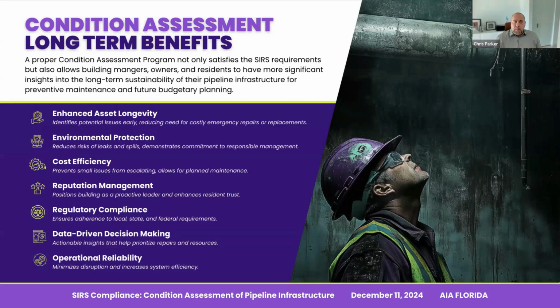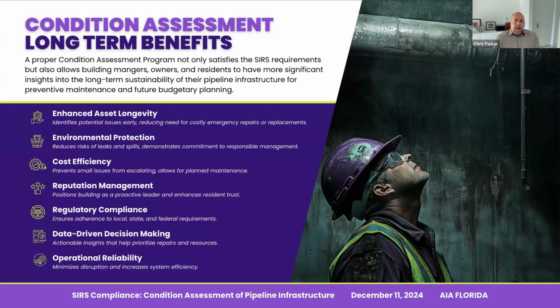It also correlates to reputation management. If you have a building that has ongoing pipe problems, it can affect a number of things outside of the legal ramifications, including the overall reputation of the particular building or even the property management company.